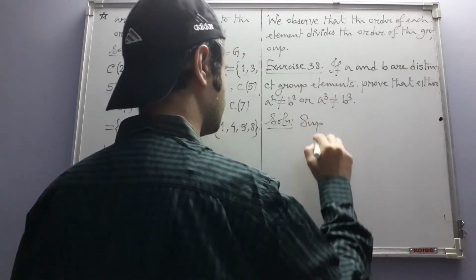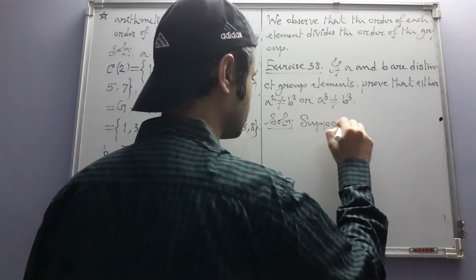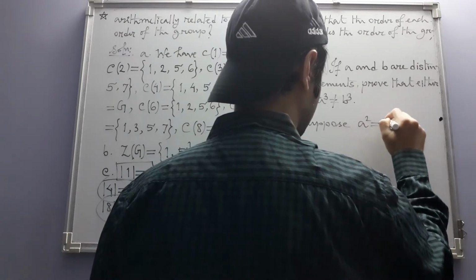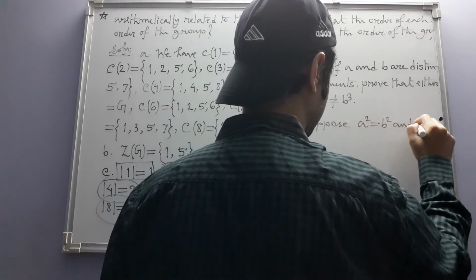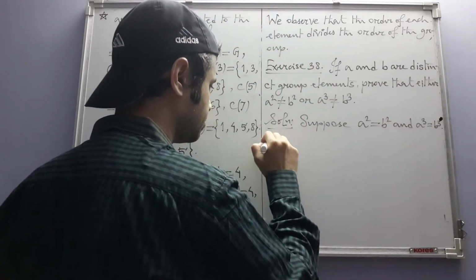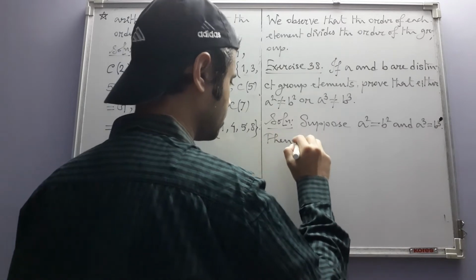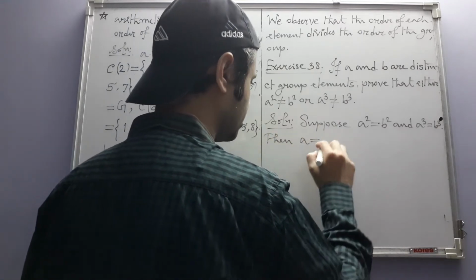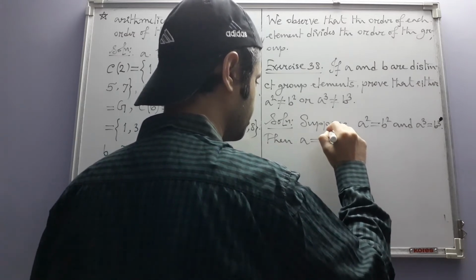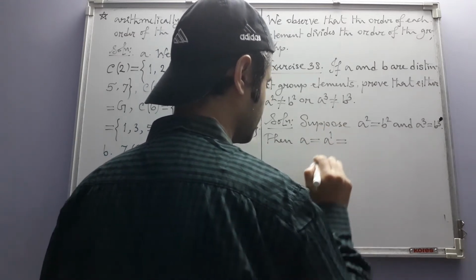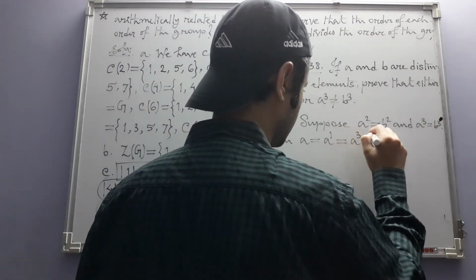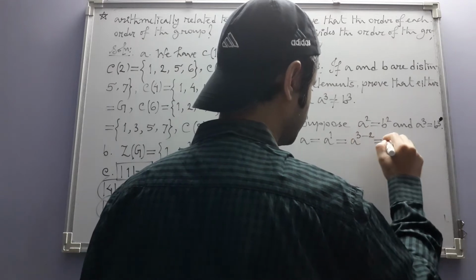Suppose none of this is true. Suppose a squared is equal to b squared and a cubed is equal to b cubed. Then a can be written as a to the power 1, by the definition of integral power, a to the power 3 minus 2.